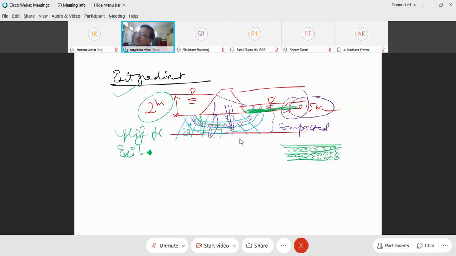My purpose in explaining the difference between upstream and downstream fall is that one case could be better for uplift pressure but not for exit gradient, and the other case could be good for exit gradient but not for uplift pressure. We have to satisfy, friends, all these conditions. Seepage should be minimum.